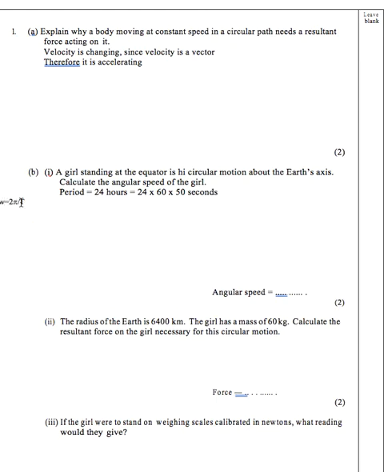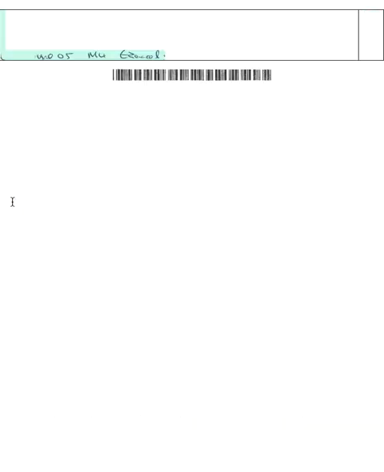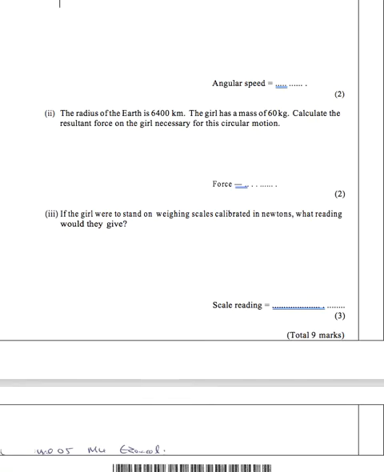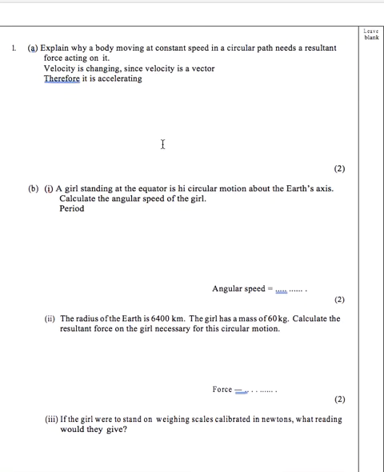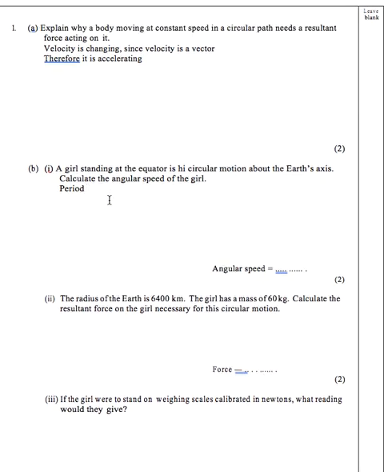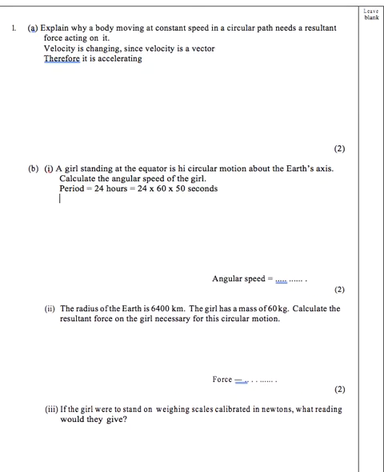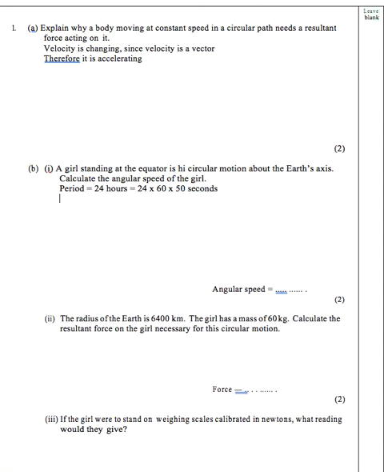I didn't really want that over there. Let's see if we can move it over. So omega equals 2 pi divided by t.